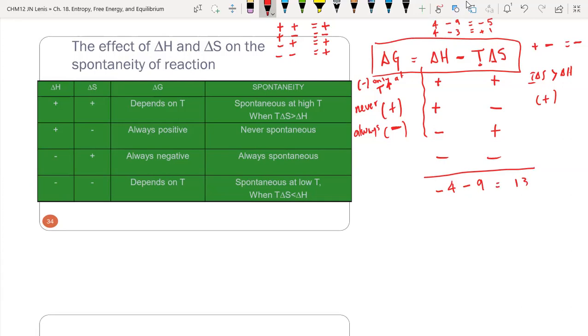What about if we have negative 4 minus negative 3?